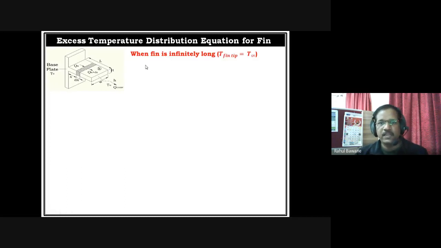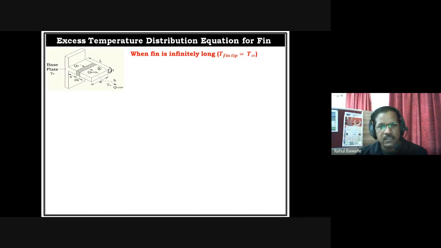Now imagine when a fin is infinitely long. Here in the figure sketch, we are showing the fin having a length L. Now imagine this fin is infinitely long. When it becomes infinitely long, it is quite possible that at the infinite length, the temperature of the fin tip might be equal to the surrounding fluid, because heat does not reach that infinite length.